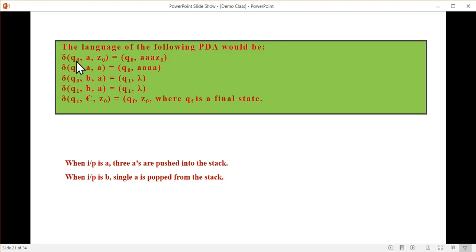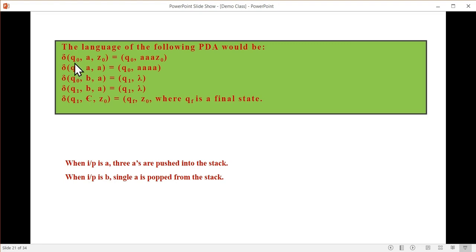The first one represents the current state. The second one represents the current input symbol. The third one represents the top of the stack. So when the transition function is like this, that is the initial state is Q naught, the input symbol is A, and the top of the stack is Z naught, then the corresponding transition will be Q naught, which means it stays in the current state itself.